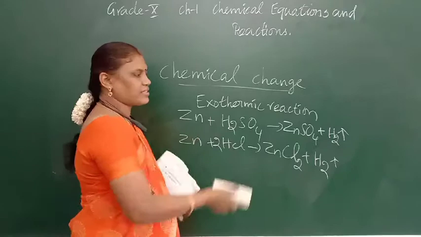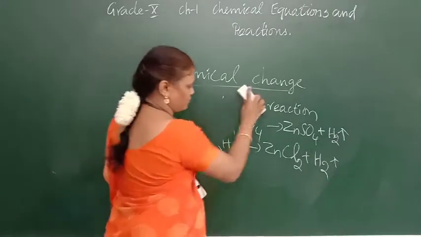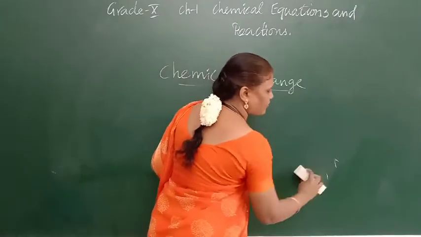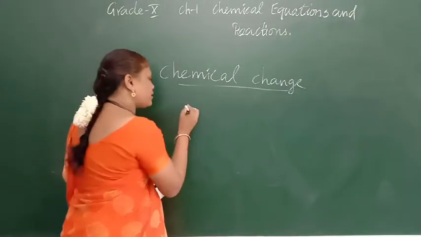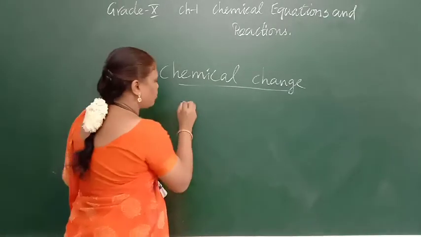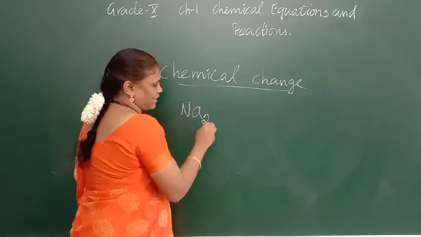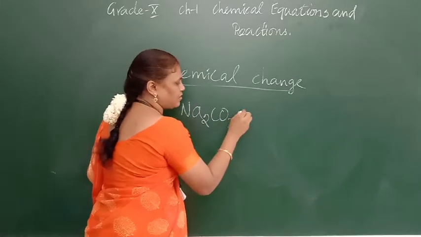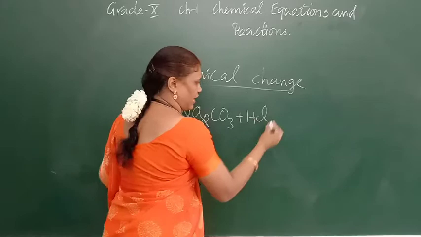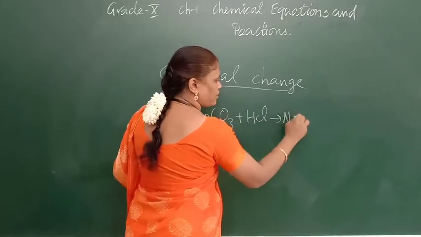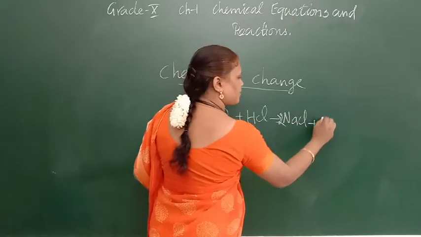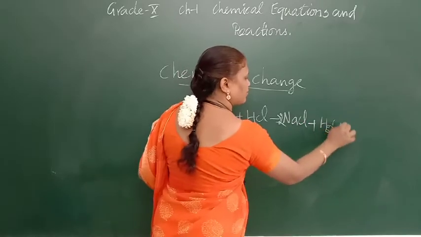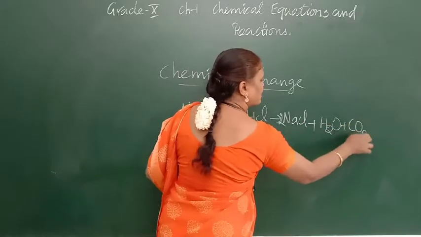Here, what is evolved? Hydrogen gas is evolved. So evolution of gas may also take place. Then we are going to see one more example for evolution of gas. When sodium carbonate reacts with hydrochloric acid, it gives sodium chloride plus water plus carbon dioxide.